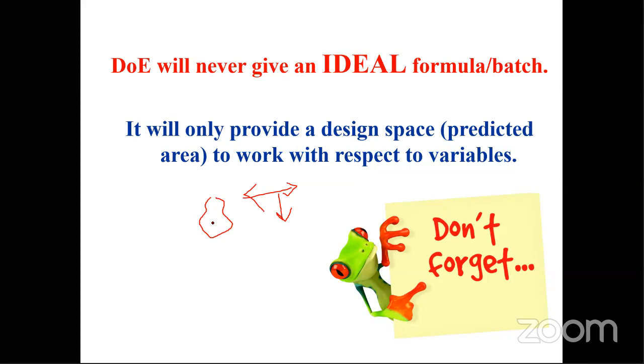Let us say this is an ideal design space created with DOE. If you keep the cursor like this, it will definitely be 85% and above dissolution. It will definitely not be less than 85%. That means within this range you can work and you will definitely get not less than 85% release. So DOE will always give the design space, but it will never give an ideal formula.